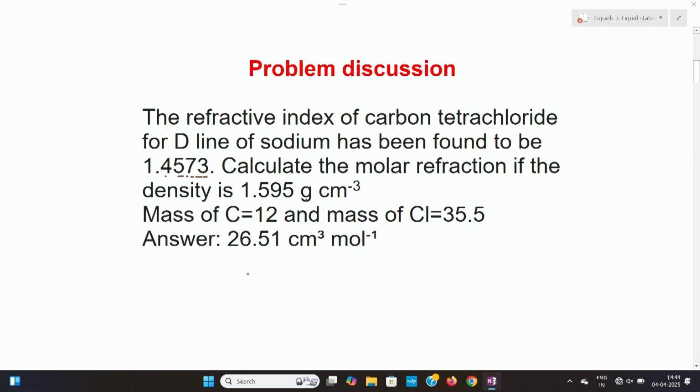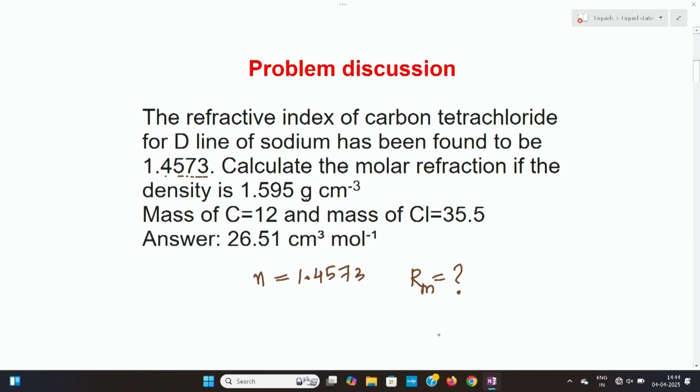Here they have given n, that is the refractive index of carbon tetrachloride, 1.4573. And our job is to find the molar refraction, that is Rm.